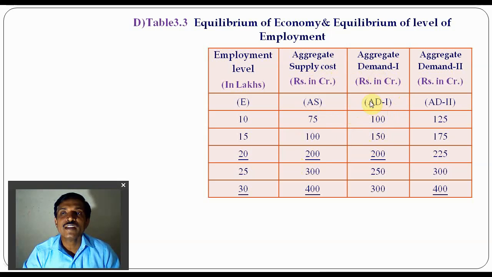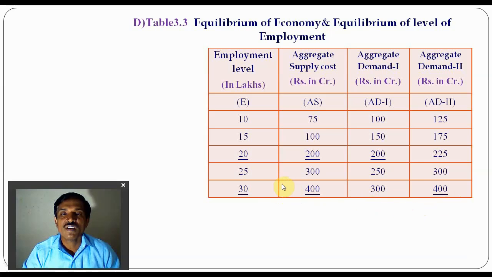But when the market expectation changes and the aggregate demand changes again, aggregate supply also changes as per the demand. The next equilibrium point is where the 30 lakh employment level is achieved in the economy, 400 crore rupees is the aggregate supply cost, and the demand also changes to 400 crore, and the economy again reaches the equilibrium position.